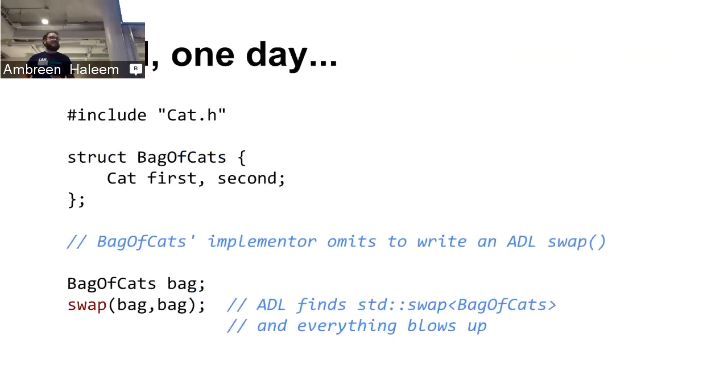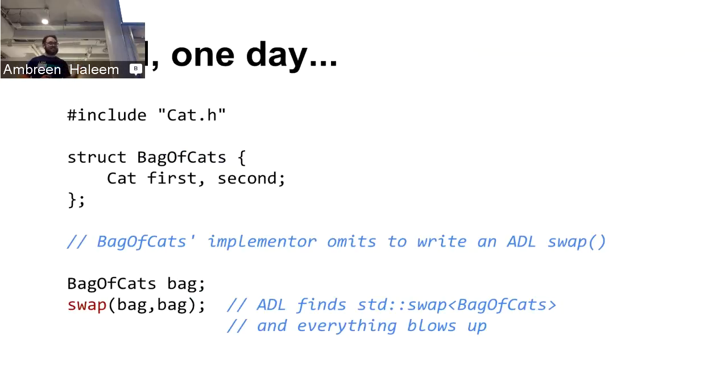But they might do this, right? Now, instead of a cat, my coworker has written bag of cats that has 2 cats in it. And he does an ADL swap of 2 bags of cats. But the bag of cats implementer has omitted to actually write a custom swap function. So when we do an ADL swap, we don't find a custom swap implementation for bag of cats.